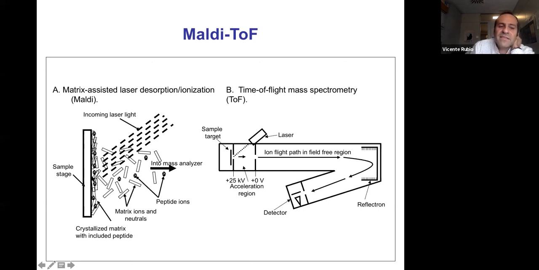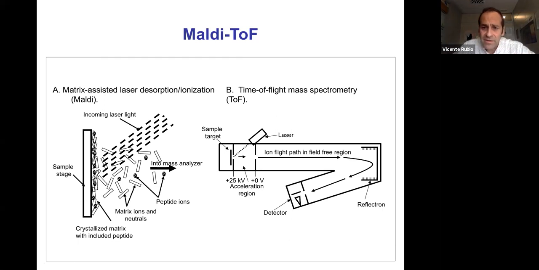So here what you have is that matrix that contains our protein mixture digested with trypsin. So here we have peptides, specific peptides for those proteins, and upon laser irradiation we get this heating and ionization of the peptides that will go through an electric field, and those peptides will be separated depending on the time of flight. That time of flight depends on the mass to charge ratio.